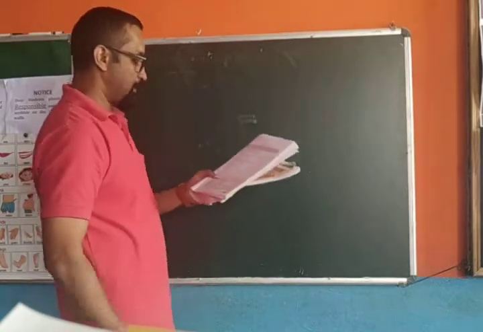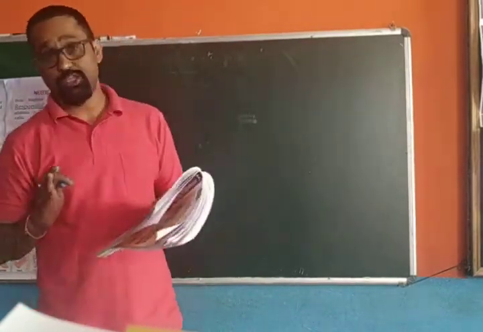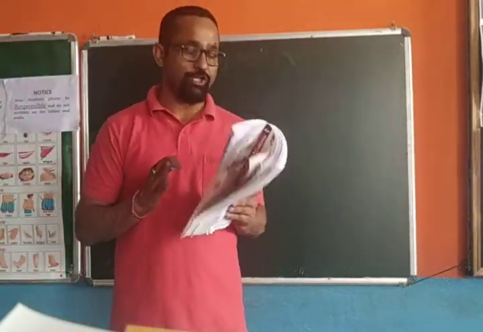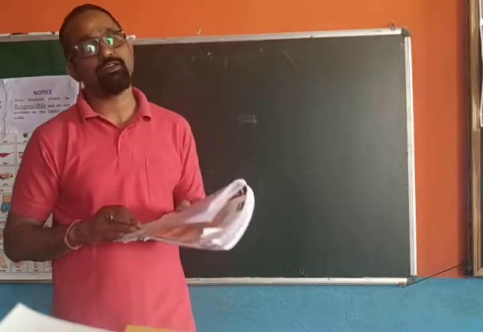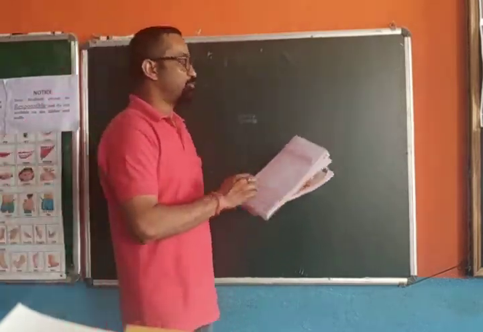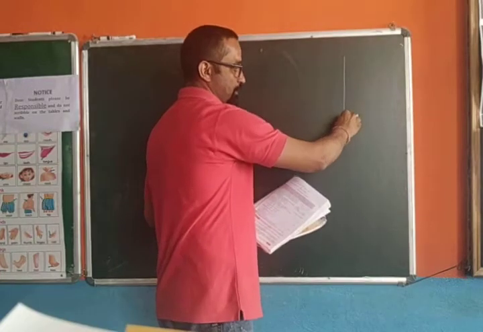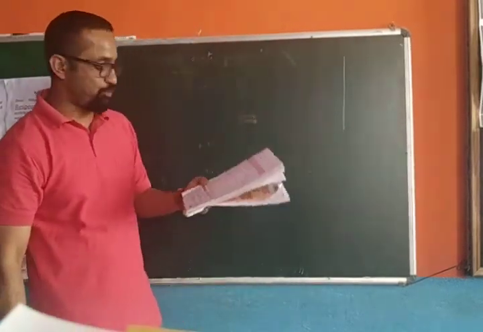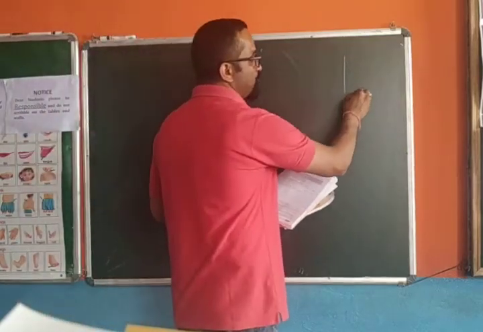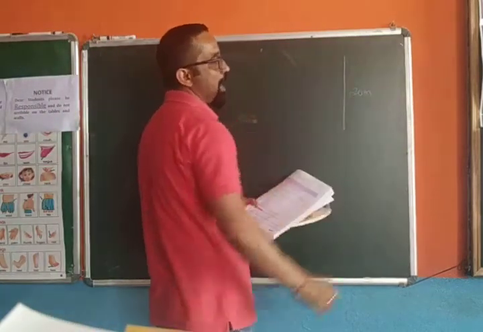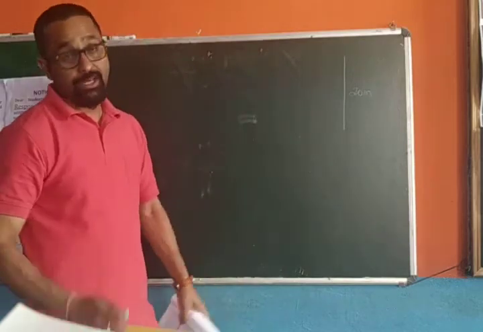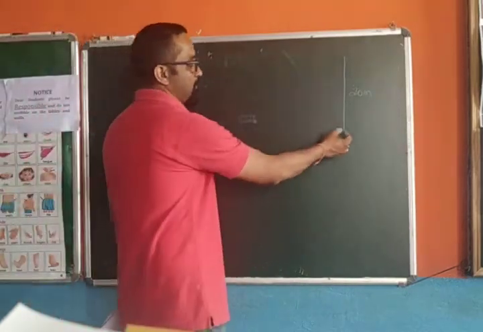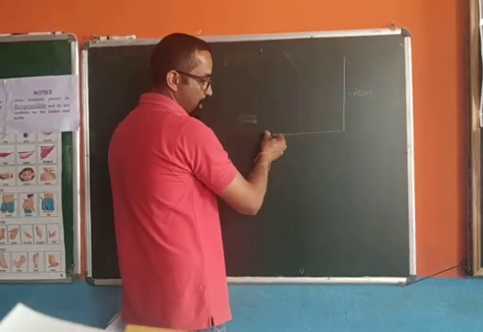1. You have to read the question carefully, and once you read, you have to draw a relevant diagram. An electric pole, a vertical line drawn, is considered as the electric pole. I'm changing the value: 20 meter high, and its shadow is cast on the ground.